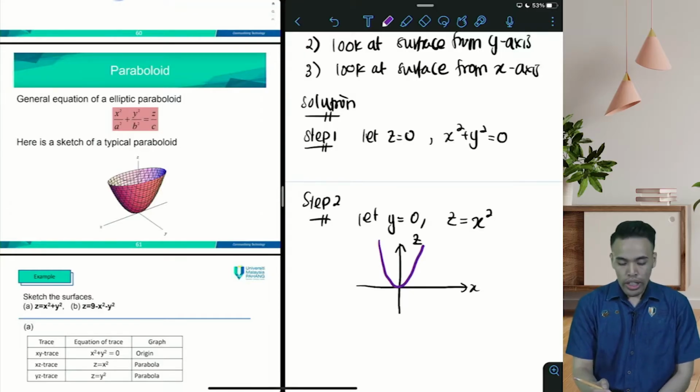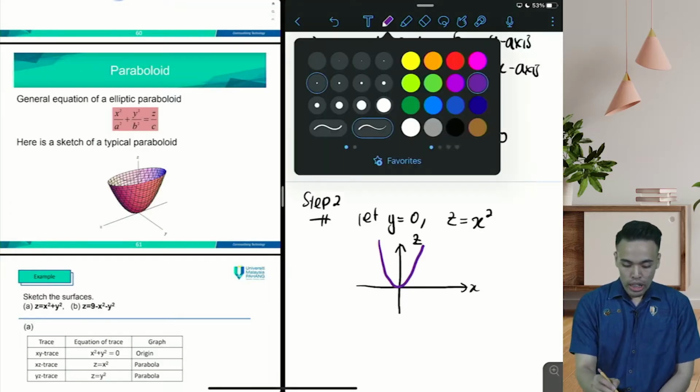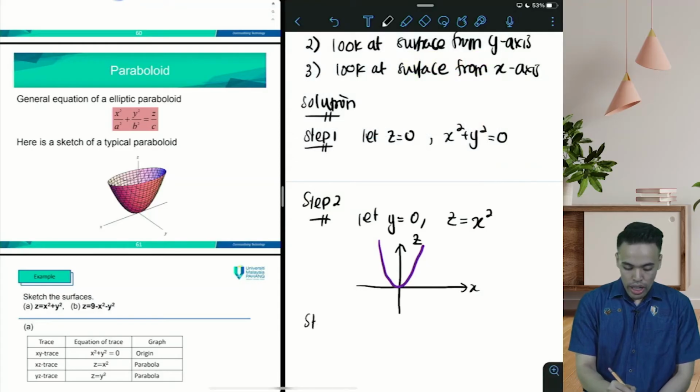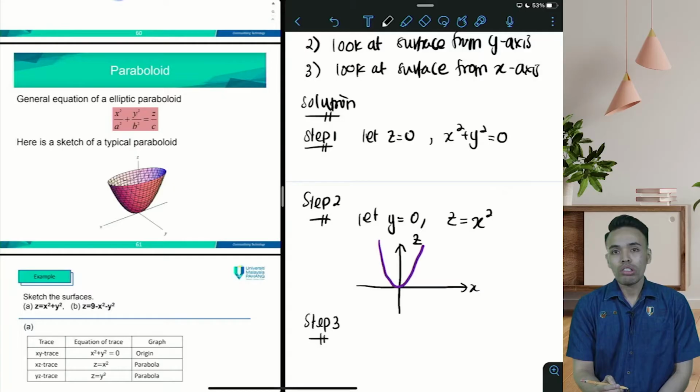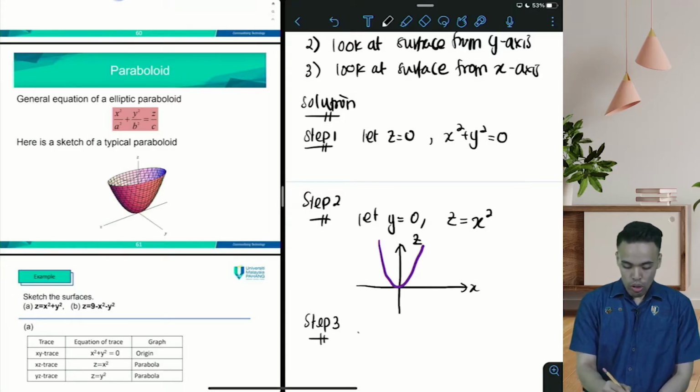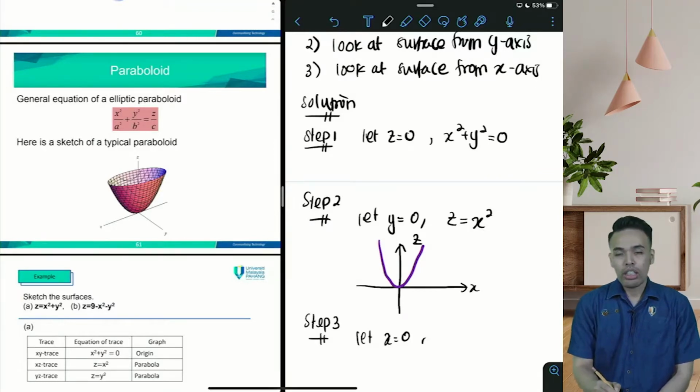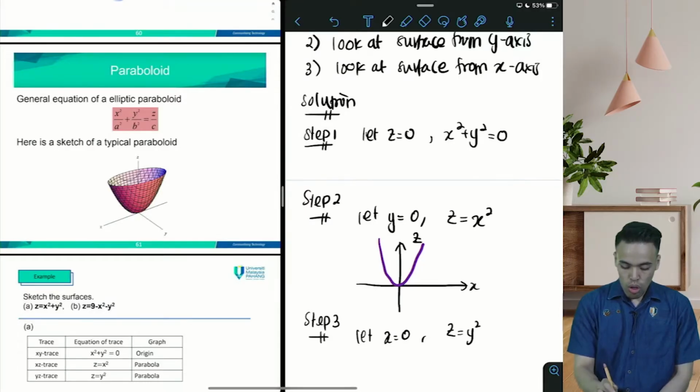When this happens, you continue with step number 3, which informs you to look at your surface from the x direction, or x-axis. Your surface from 3D will be mapped onto the yz plane in a two-dimensional coordinate system. By letting x is equal to 0, the given expression will turn out to be z is equal to y squared.